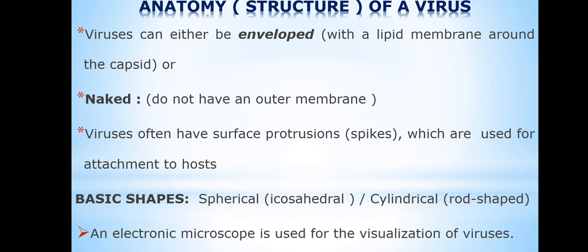Viruses can either be enveloped with a lipid membrane around the capsid. When we say a virus is enveloped, meaning it's closed into something, it simply means that around the capsid, I'm going to show you very soon, there is a lipid membrane, the same lipid barrier that you know. That lipid membrane surrounds the virus, or what we call a capsid. So we're going to call it an enveloped virus.